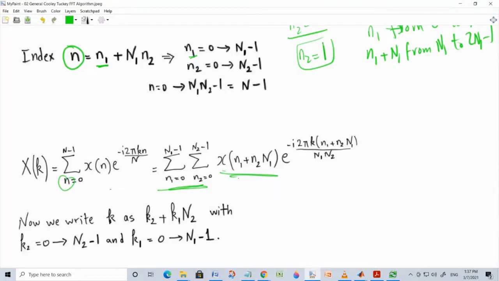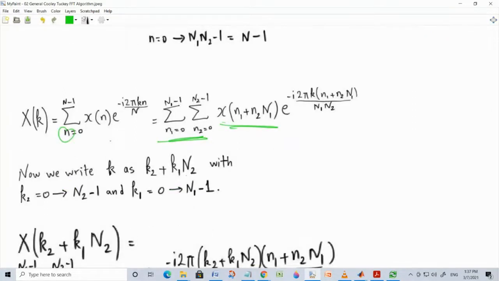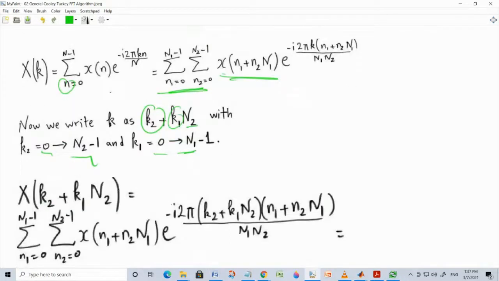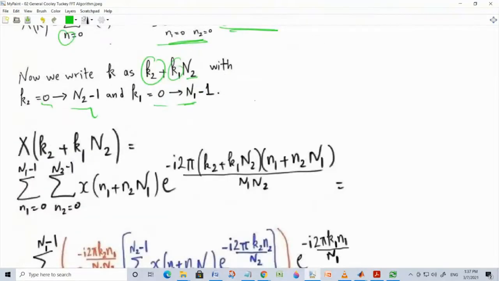We will do the same for the other index. The second half of the trick, if you wish, is that we will take the index k and do something similar. We will write k also in terms of two indices, k2 plus k1 n2, where k2 is from 0 to n2 minus 1, and k1 is from 0 to n1 minus 1. So we will revisit the DFT summation and write it again.